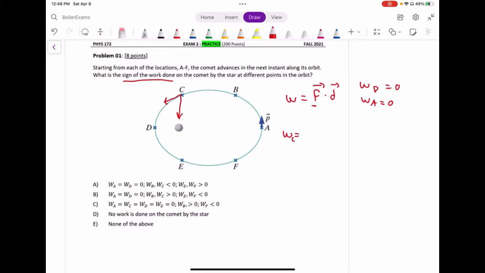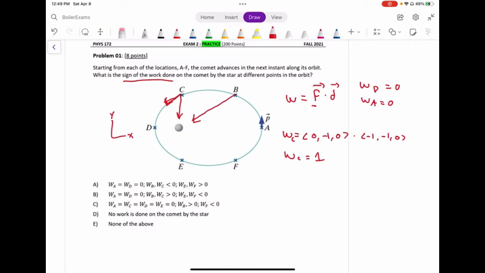Y is up and down, X is left, right. Let's say the force is 0, -1, 0, for example, dotted with -1, -1, 0 for the displacement, since it looks like it's going down to the left. So then work at C is going to be 0 times -1, plus -1 times -1, which is +1. That is what our work at point C would be.